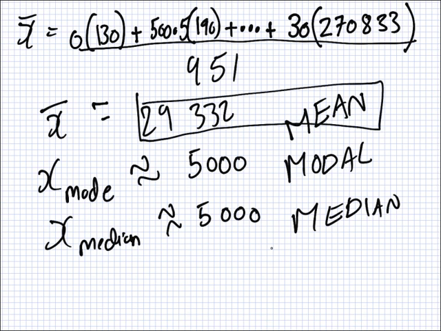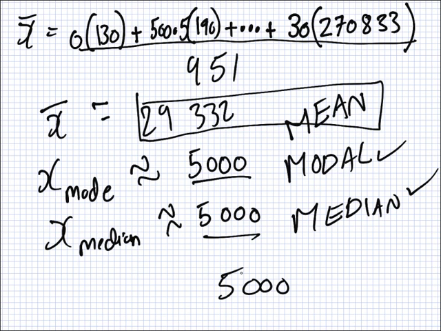But I don't think that's a fair value to give, because you can see most people have 5,000 in their savings, and the middle person also has 5,000. So I would have thought a more honest average to give would be 5,000, because it's both the mode and the median. Half the people in Ireland have 5,000 in their account or less or more.